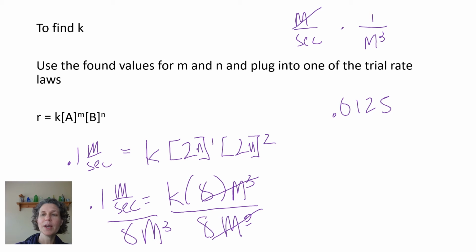So that goes away, and this becomes a 2. Your units end up being 1 over seconds times molarity squared. Okay, and that is your value for K.